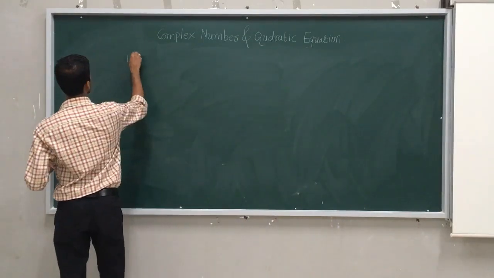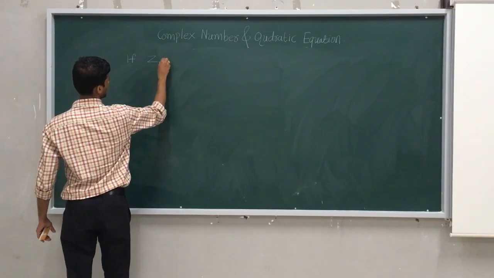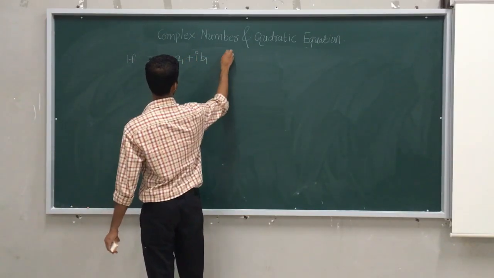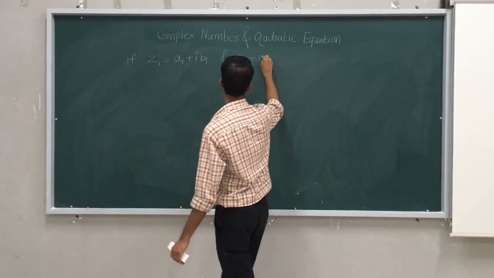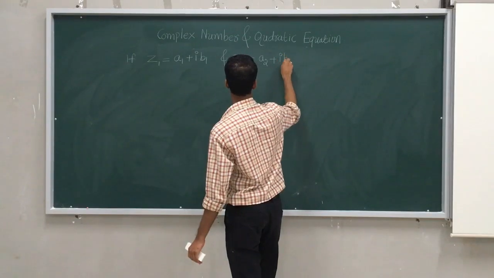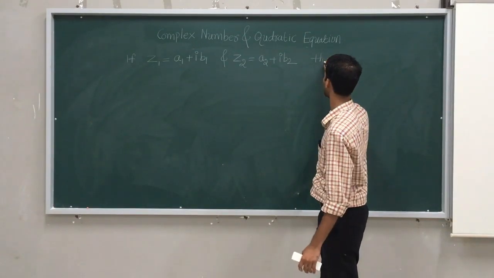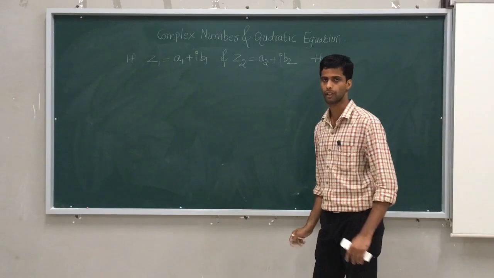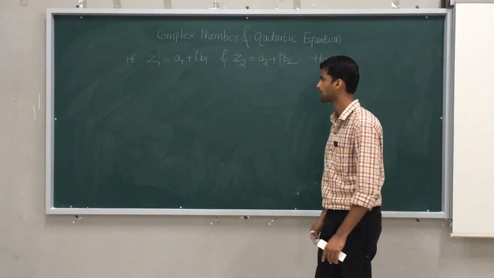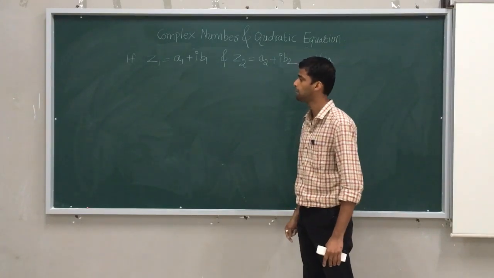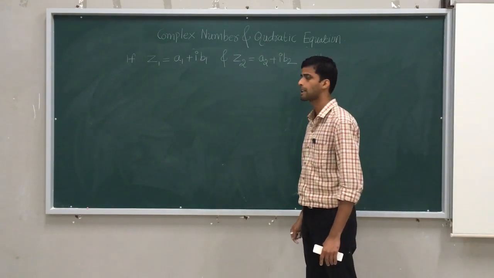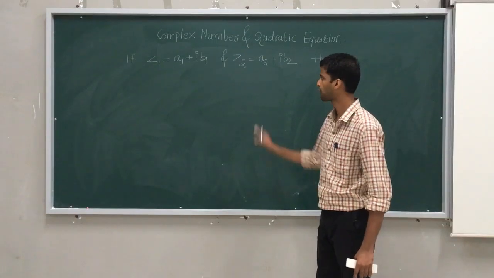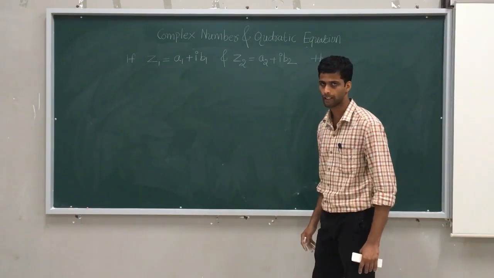If z1 is equal to a1 plus ib1 and z2 is equal to a2 plus ib2, then, means if you have two complex numbers, one is z1 a1 plus ib1, to avoid confusion I have taken z2 as a2 plus ib2, where a1 is the real part in z1, b1 is the imaginary part in z1, a2 is the real part in z2, b2 is the imaginary part in z2, and for both complex numbers i value is under root minus 1 only.